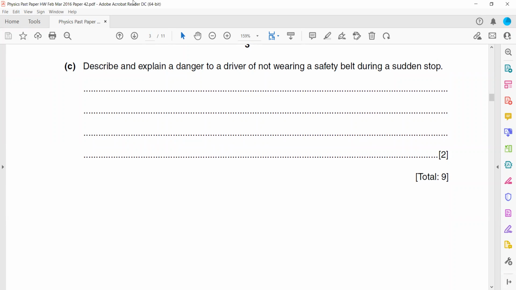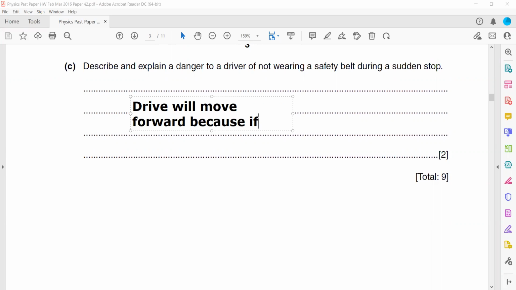So if he is not wearing a seat belt, what will happen? The driver will move forward because of his inertia. Inertia means the property of an object to resist a change in state.